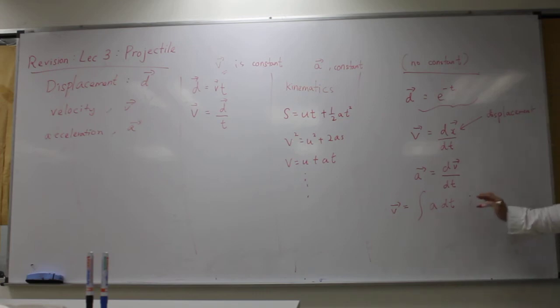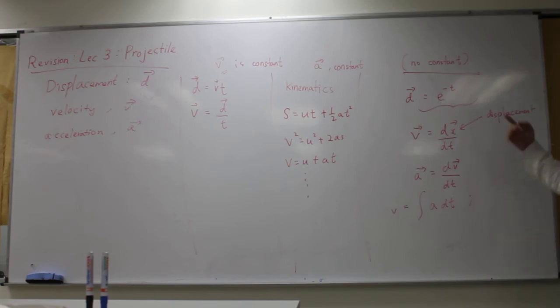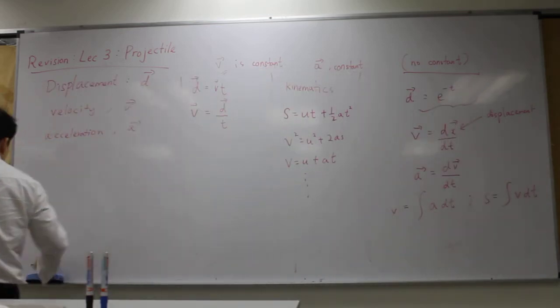On the other hand, I can write this one to make it clear: s equal to integration of v dt. So it's just a different symbol, but basically it indicates either displacement or distance. And by using this one, we can proceed with some questions.